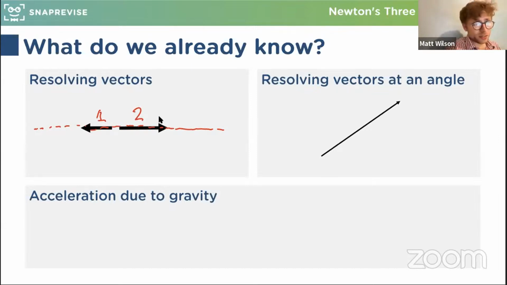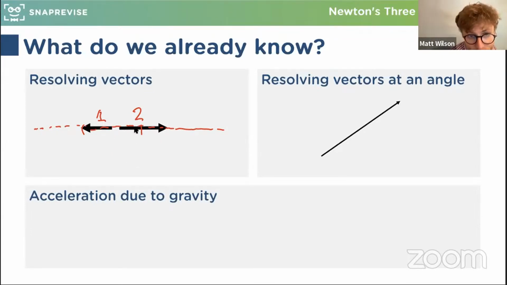Remember that a vector is something that has a size and a direction. The lengths of the arrows represent the size, and the directions give the direction of the vector. Because this arrow is twice the length of this one, we say it has length 2, and the other one has length 1.